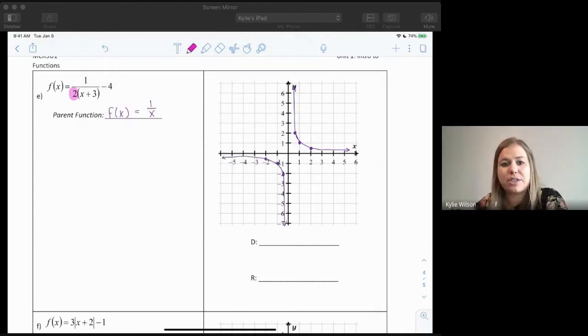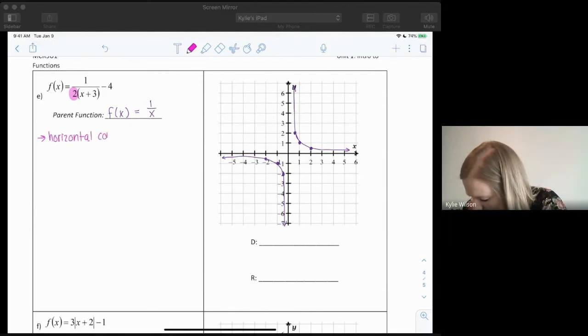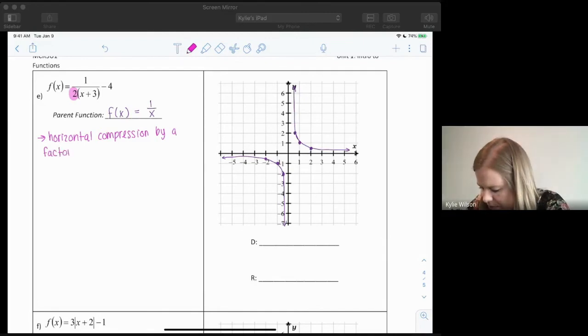So let's write out our transformations for k. Because it's positive, we don't have to worry about any reflections, which is awesome. But we have 2. When my k value is bigger than 1, that means that I have a horizontal compression by a factor of, and remember for our k's, it's always a factor of 1 over k.